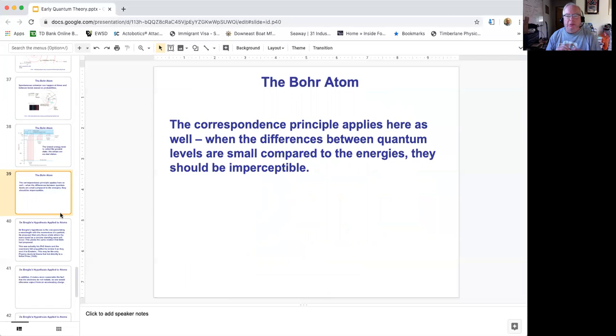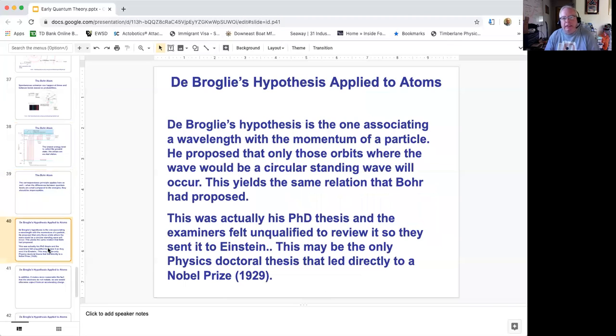So the correspondence principle just suggests that the difference between quantum levels from different energy states are pretty small. And the final topic then is the de Broglie hypothesis, which takes the Bohr model and fine-tunes it just a little bit more.